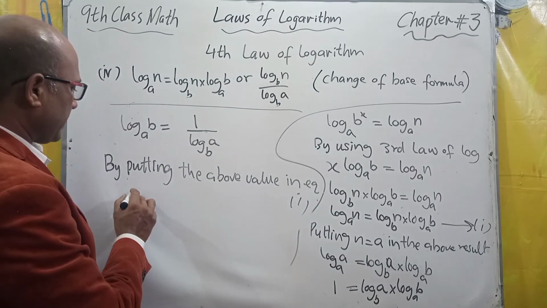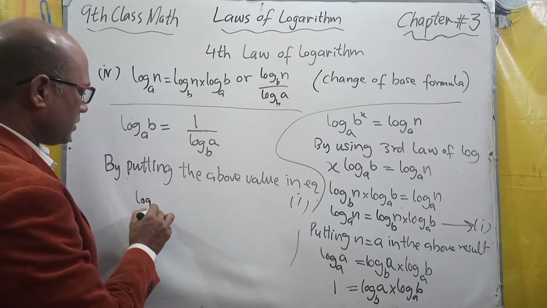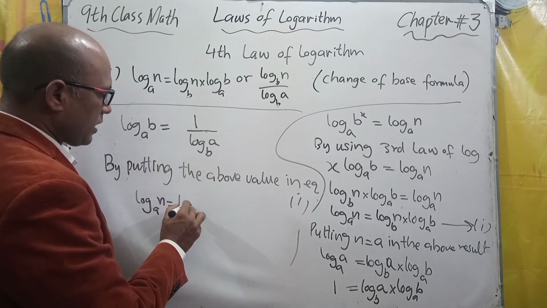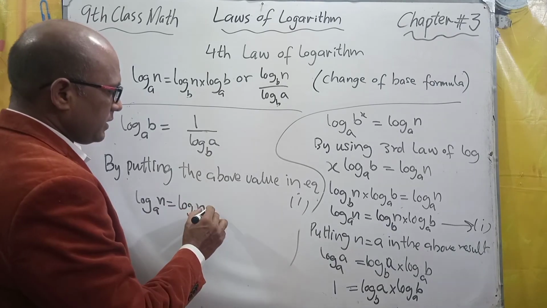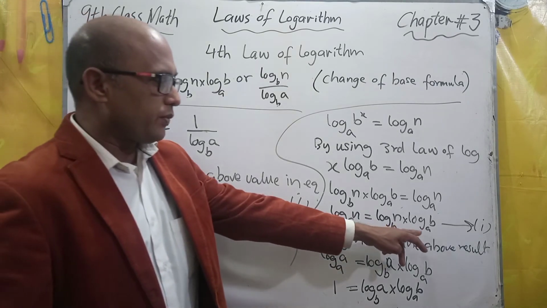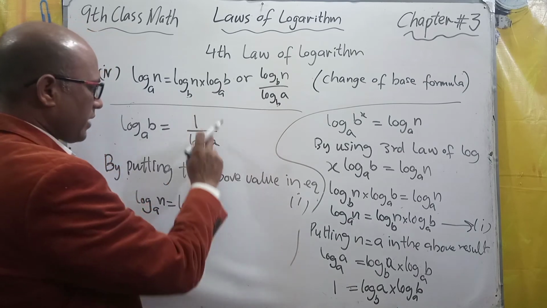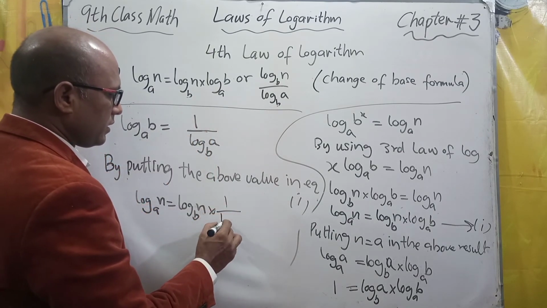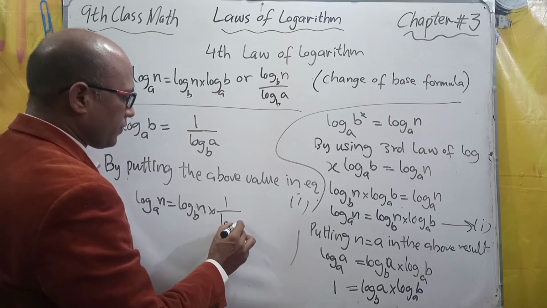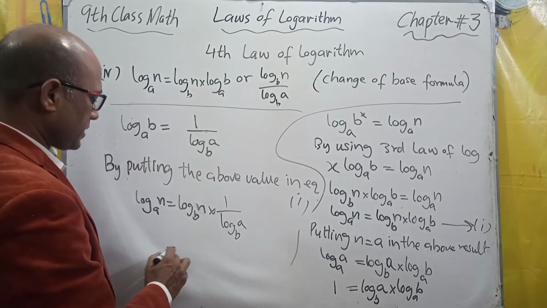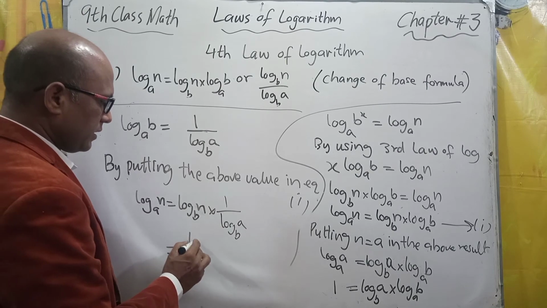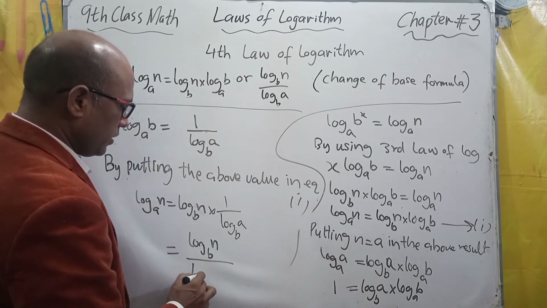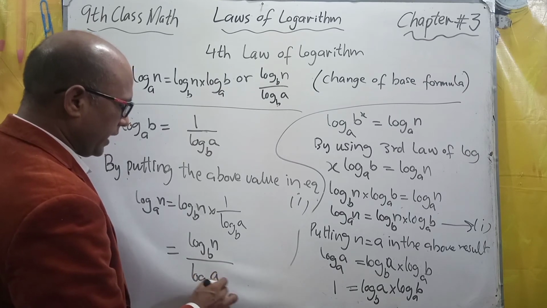Log A of n will be equal to log B of n as it is, multiplied by, in place of log A of B, we'll write its value, which is 1 over log b of a. So students, we can write it as log b of n over log b of a.